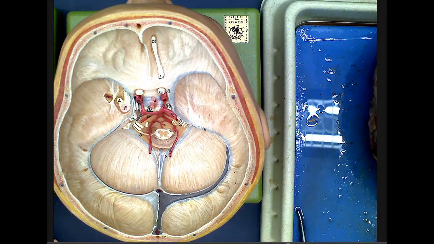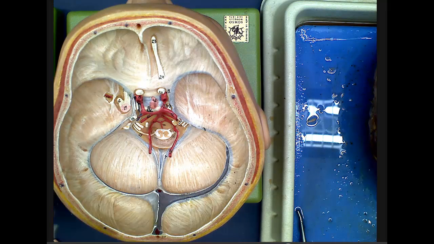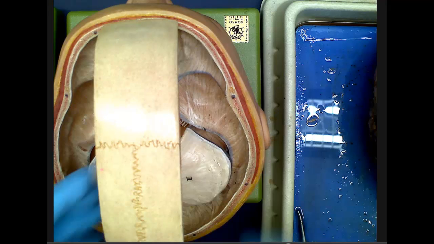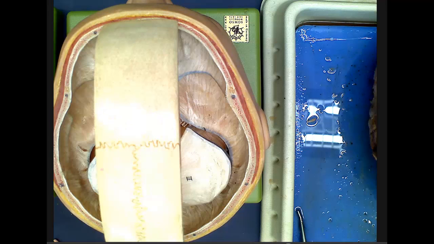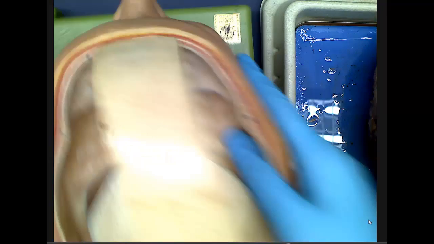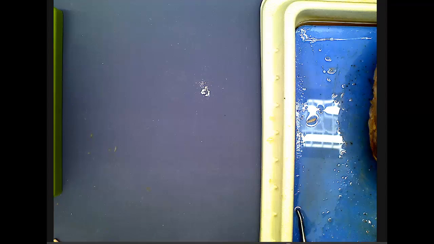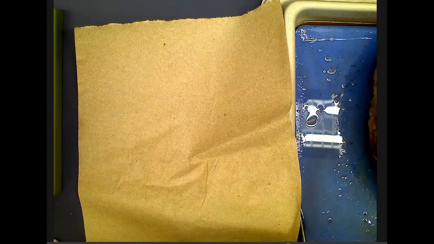What I want you to now recognize about these dural reflections is that you are going to have two layers of dura mater, a meningeal and a periosteal.